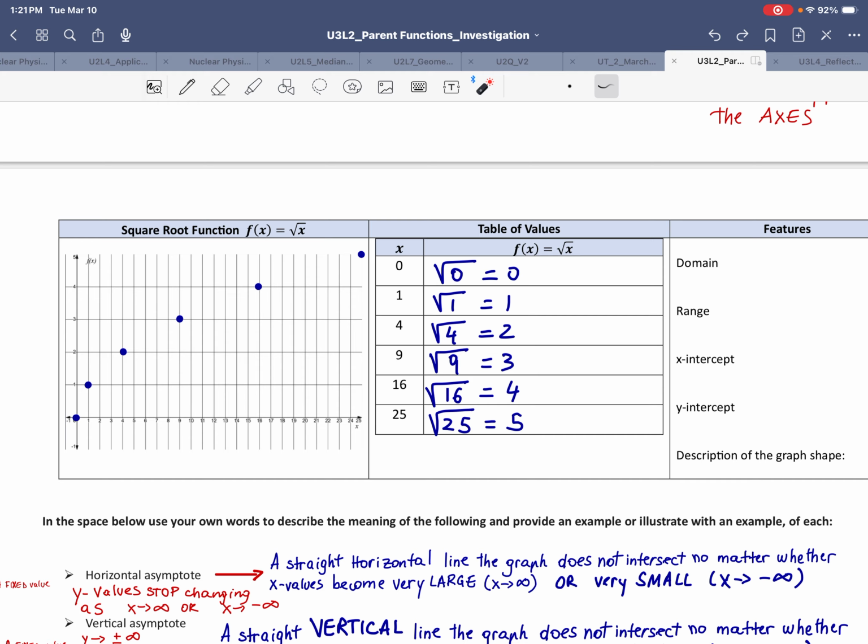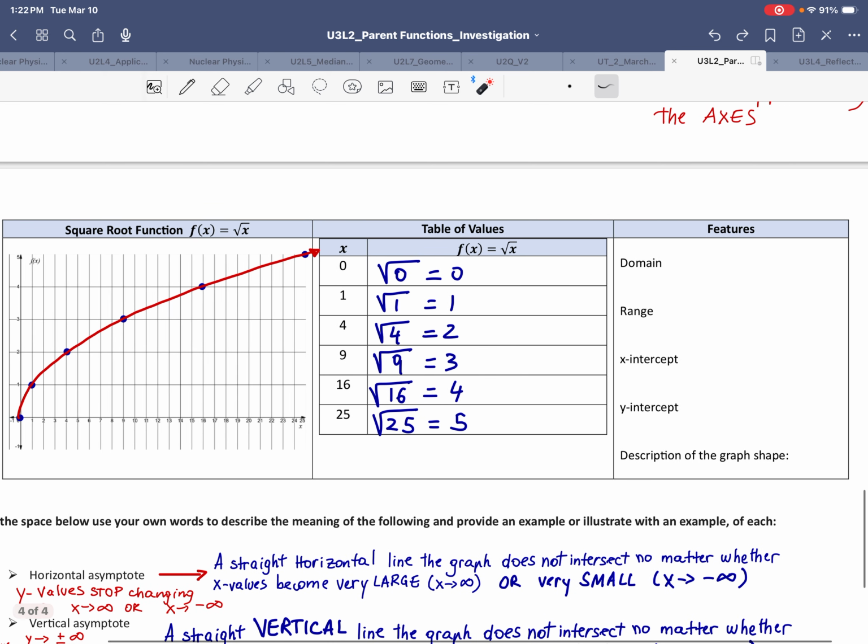So here are all the points that we have obtained from our table of values. We are going to connect them, and there goes the square root function. It starts at 0, 0, and then it increases and goes up, increasing in values of y and values of x simultaneously.